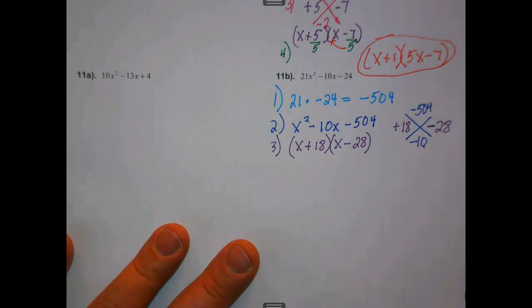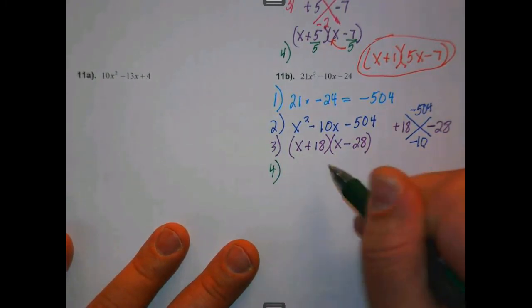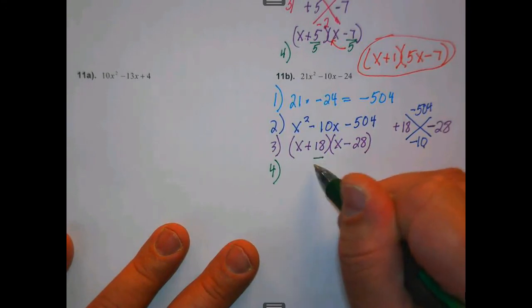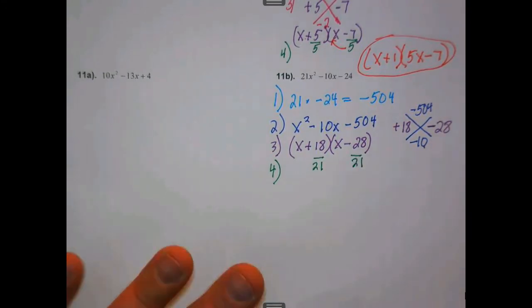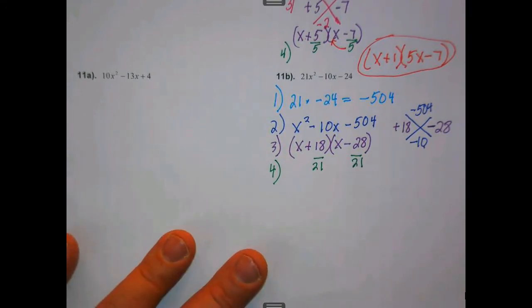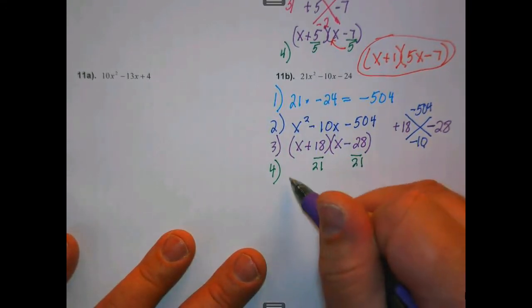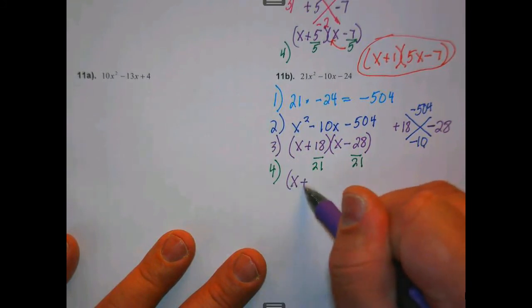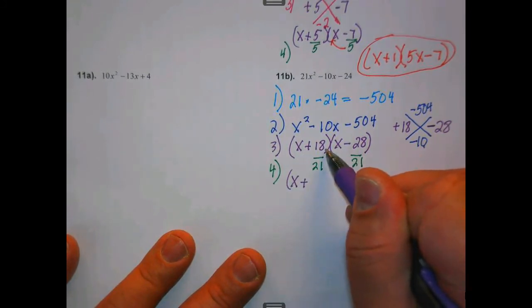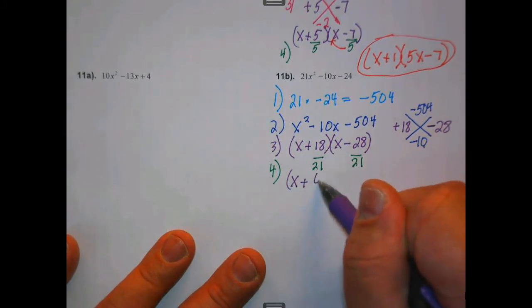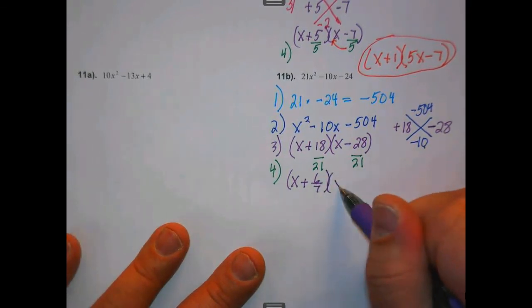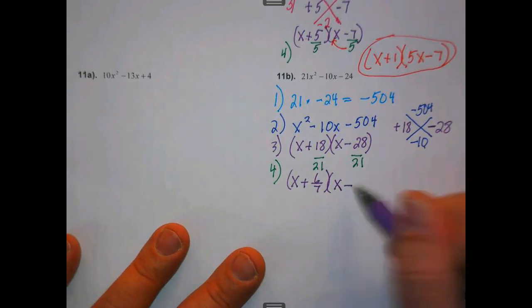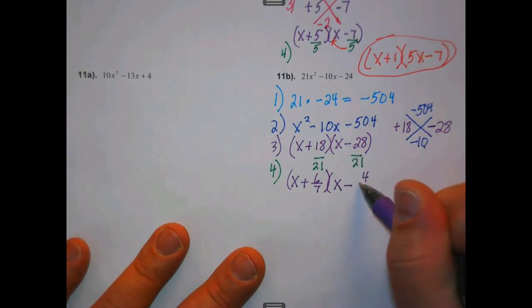Divide by the original a. We're going to divide by 21. We have to simplify if we can first. So I have x plus, this simplifies to 6/7. And then this is going to simplify to 4/3.